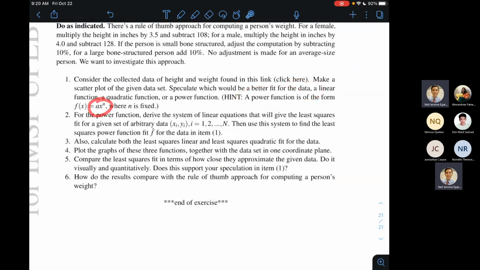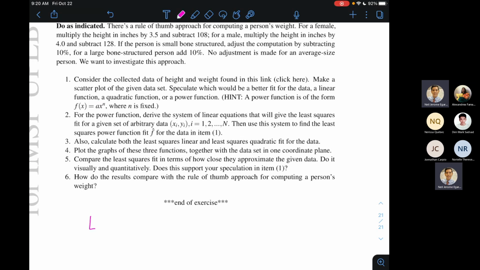Pag power function, ang itsura niya daw ay ax to the n. So ibig sabihin, pwedeng ito yung gamitin yung psi. Kaya lang, ito ay magkakaroon ng dalawang parameters. Unknown parameter a at saka unknown parameter n. So kailangan yung hanapin yung best fit with respect to the parameters a and n.